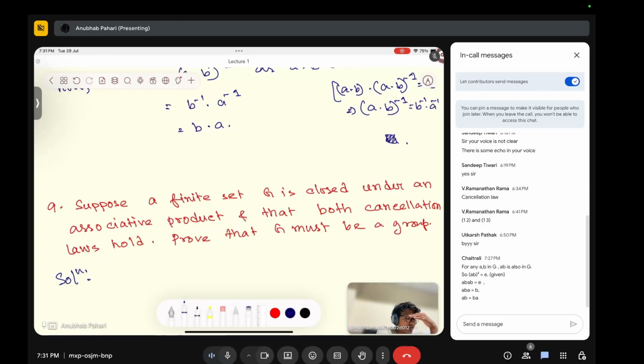So first of all, notice that G is finite and it is closed under product and also it is associative. So two properties are already done, and using associativity you have to see if it has a unique identity element and of course every element has an inverse.